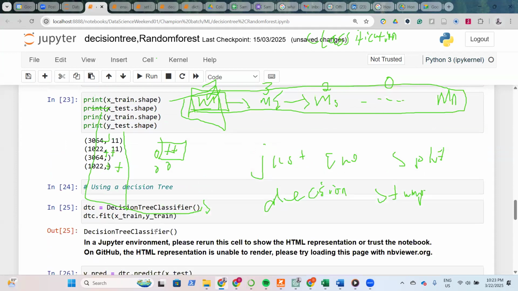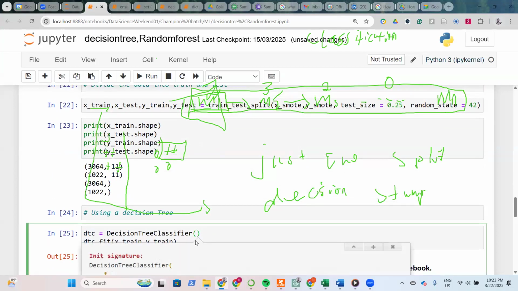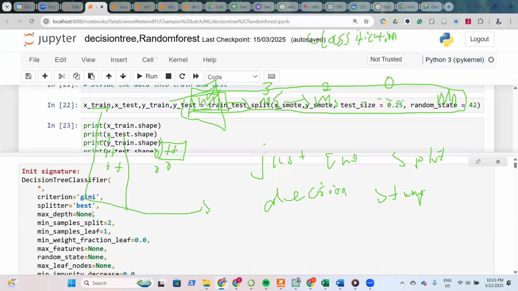Okay, if I press shift tab inside here, you see that we have maximum depth here. It's the number of times you want to split. So the maximum depth is 1, and it just does one split, full stop.